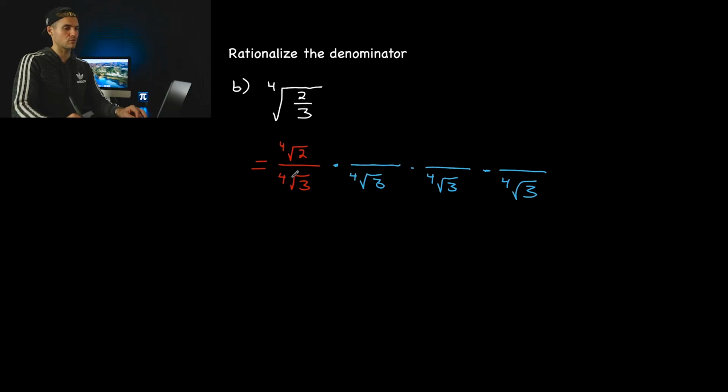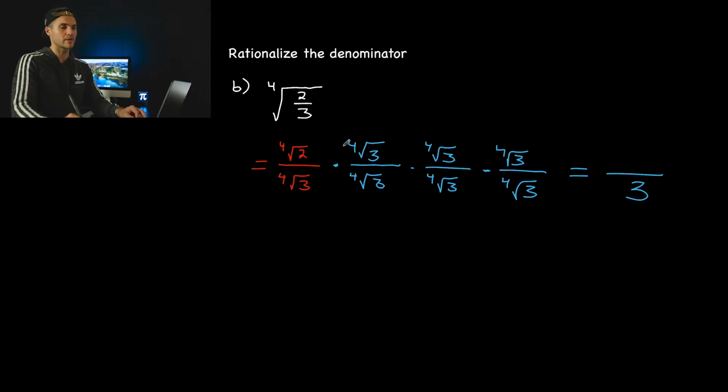The fourth root of 3 multiplied by itself 4 times is going to end up giving us 3 in the denominator. However, what we do to the denominators, we also have to do to the numerators to keep the original expression equivalent.